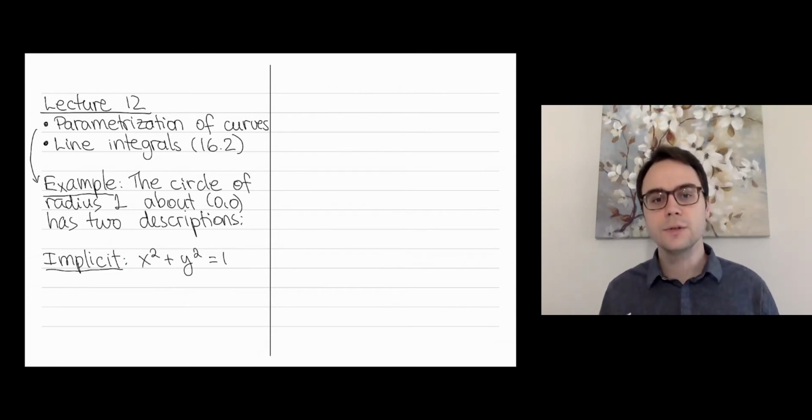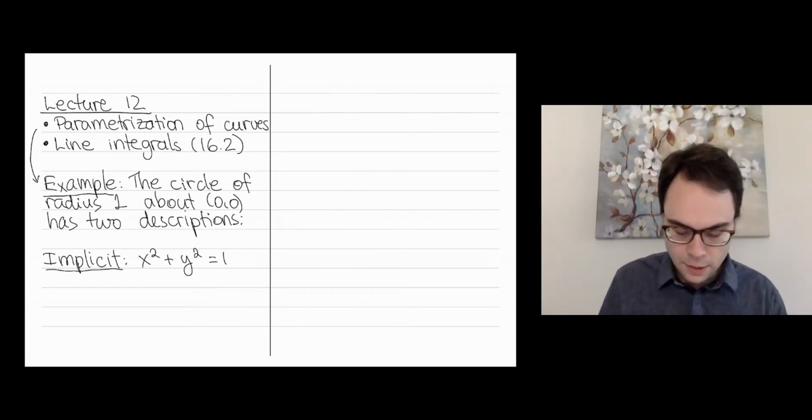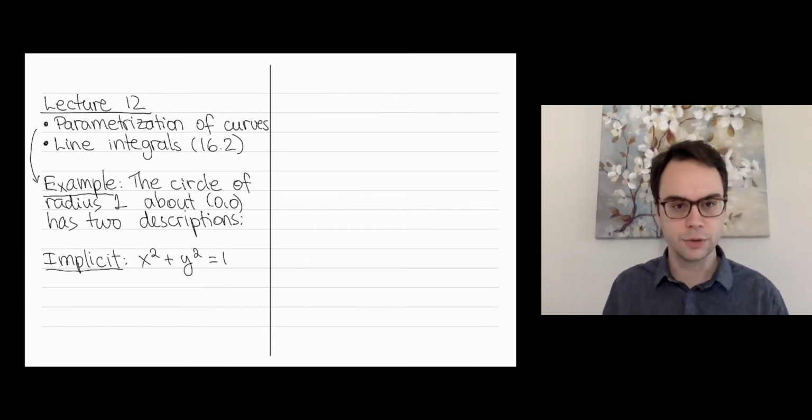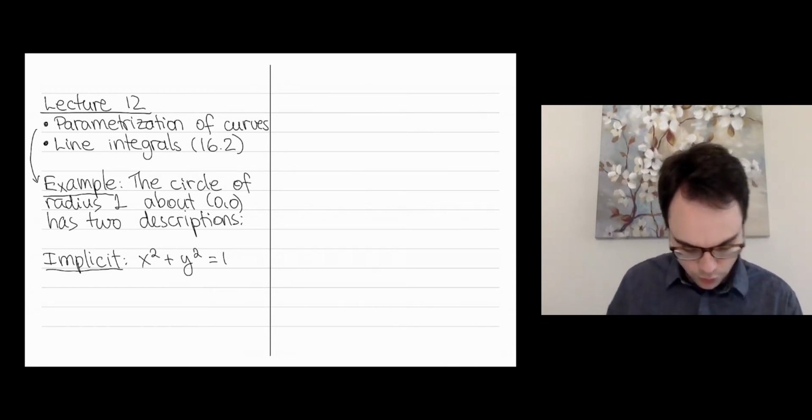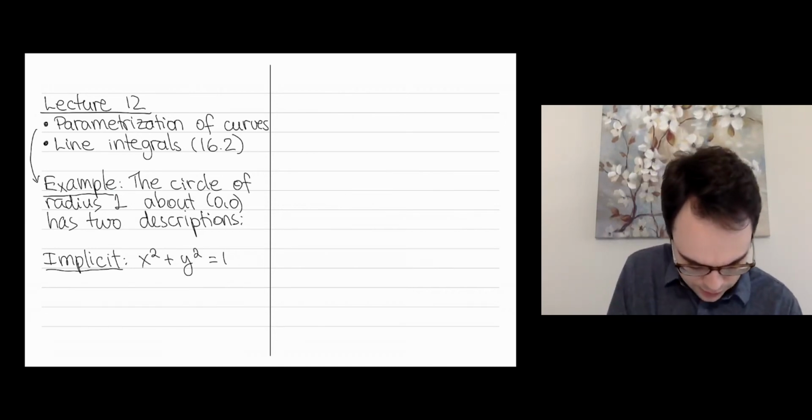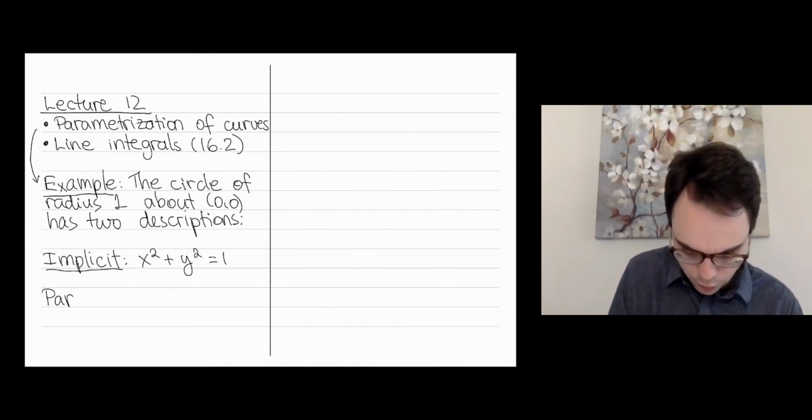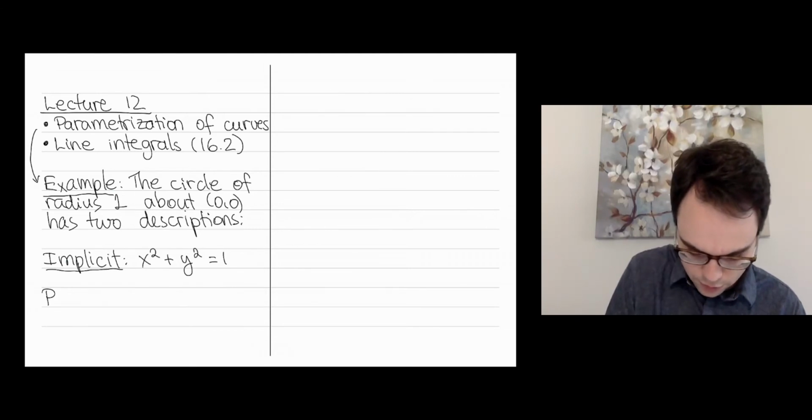The alternative to an implicit description like this is an explicit one, but we refer to it as a parameterization of the circle, or of the curve we're looking at. So the alternative is a parameterization.